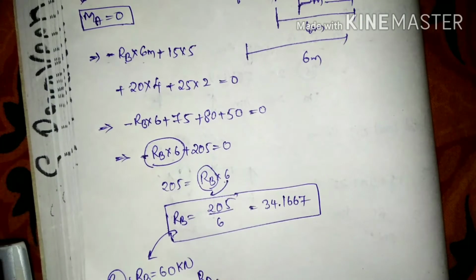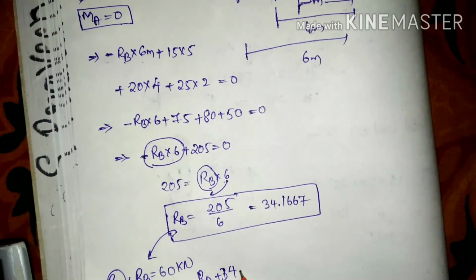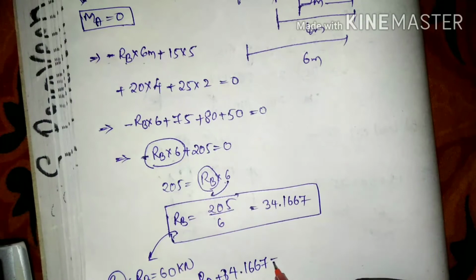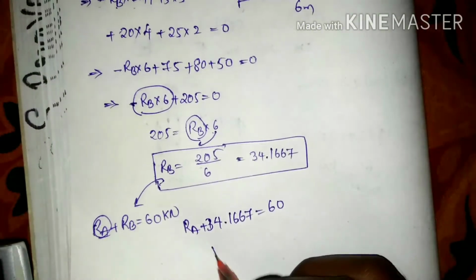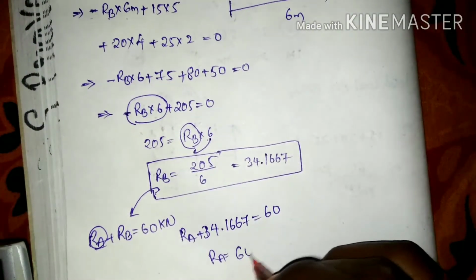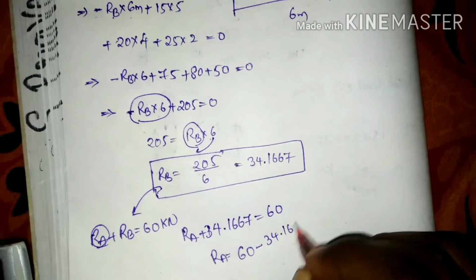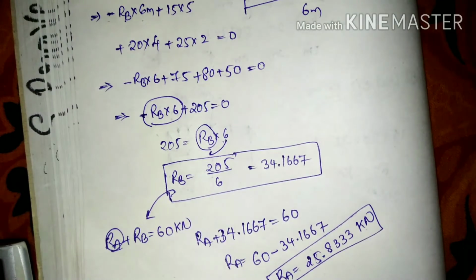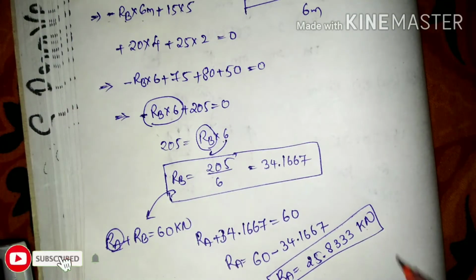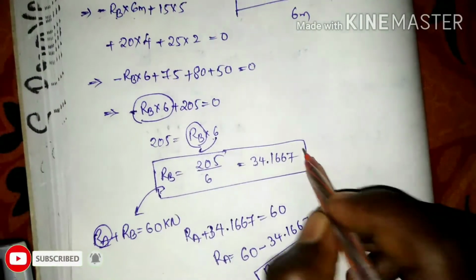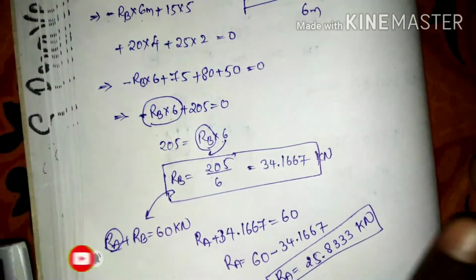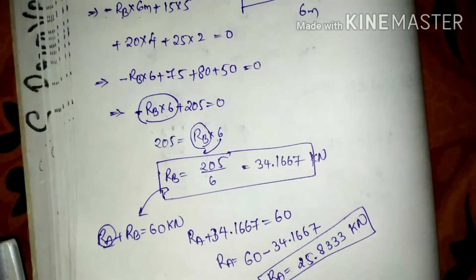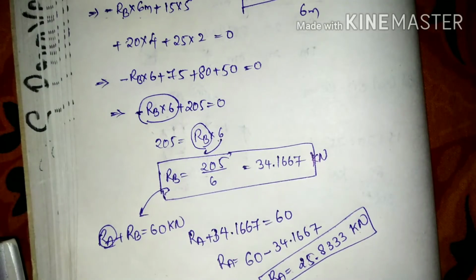So RA plus 34.1667 is equal to 60. RA will be 60 minus 34.1667. RA is equal to 25.833 kilonewtons, and RB is equal to 34.1667 kilonewtons.